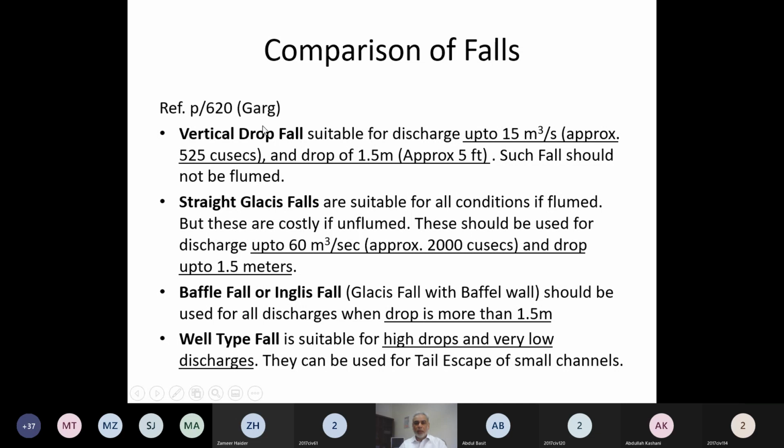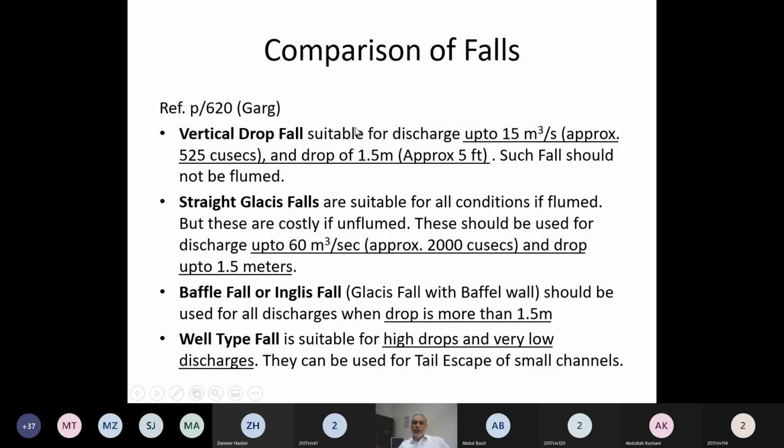A summary is that if the flow is less than 15 cubics, which is about 500 cubics, you can have an idea of that much flow: it is what runs in the Lahore branch canal. When this Lahore canal passes through Dharampura, its flow is about 450 or 475 cubic. So you can have an idea of about 500 cubic from this canal.